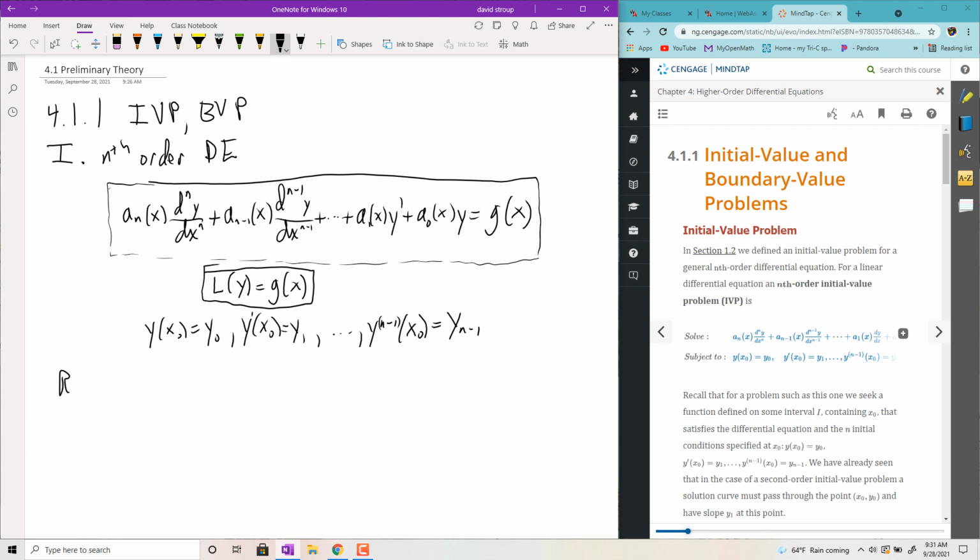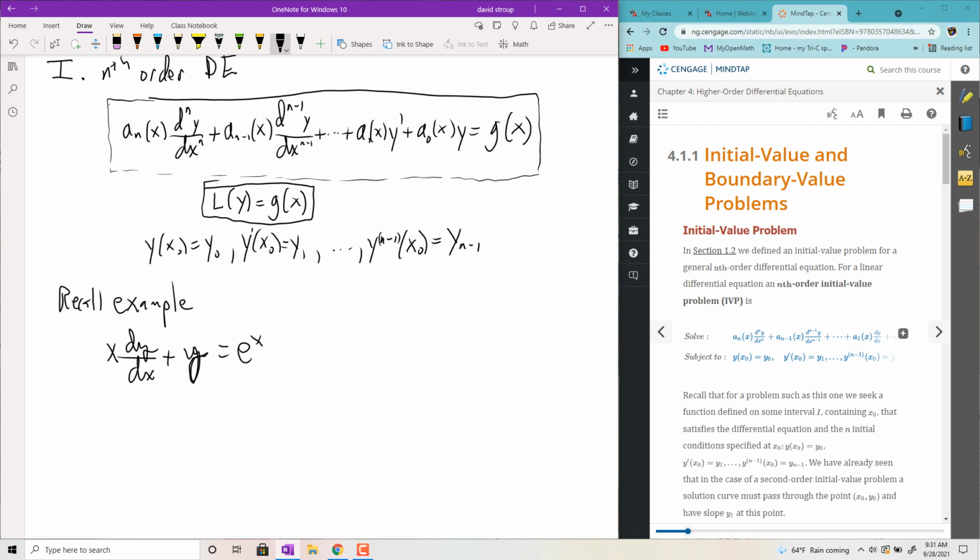So if you recall the first order linear differential equations, maybe we had something like x dy over dx plus y equals e to the x, right? When we did those problems, we would first divide out by x. We're not going to do that anymore.